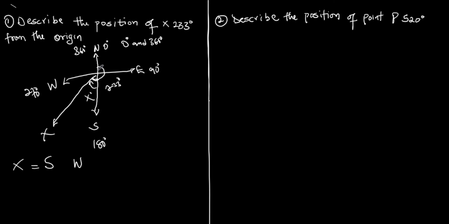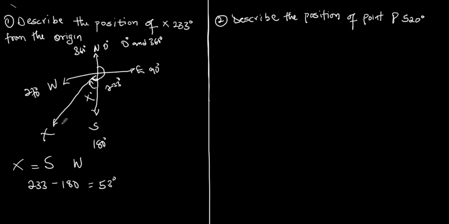So we need to find our X degree. From the north up to this point is 233 degrees. From the north to south is 180 degrees. So to get this X degree, we subtract 180 from 233, and that will give us 53 degrees.